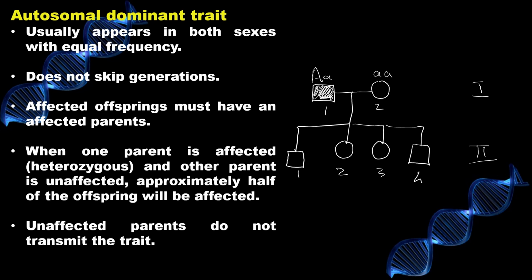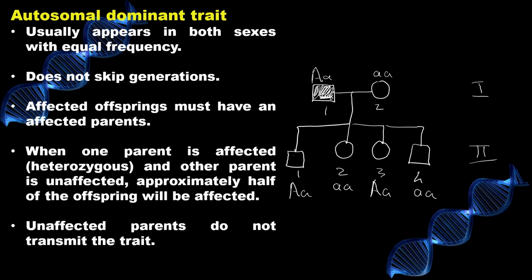So unaffected parent means in a dominant character trait it is small a small a. This is the homozygous recessive parent. So here this child will have a probability of getting capital A and small a, and this child will have small a, and here this child will have capital A and small a, and here this child will have small a.